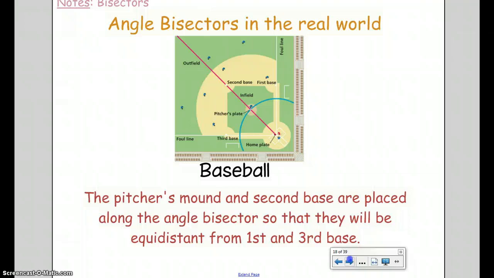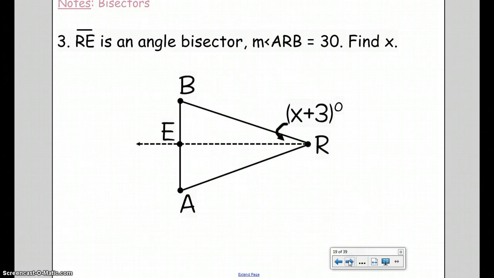Both of them fall on the angle bisector of home plate. Perfectly in the middle, right? It's got to be in the middle or else that wouldn't be fair. This has to be equidistant from here and equidistant from here. So it falls on the angle bisector. So there's angle bisector in the real world for you.